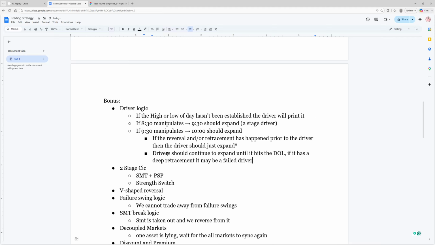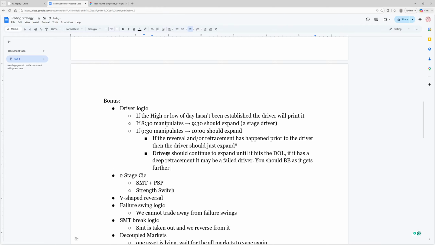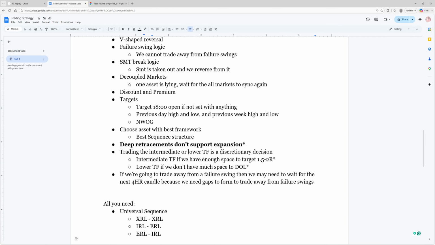I mean, you should be at break even as it gets further away from your entry anyways, because it shouldn't come back until it hits the drawn liquidity. This will save you from a lot of losses. That's another good one for drivers.